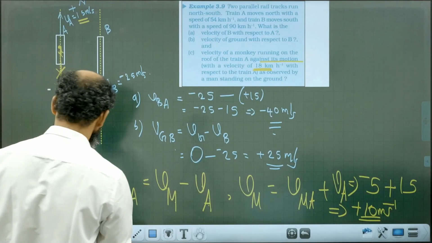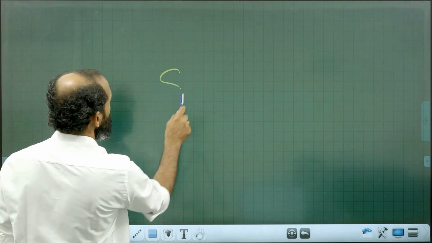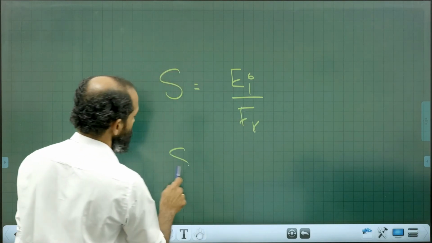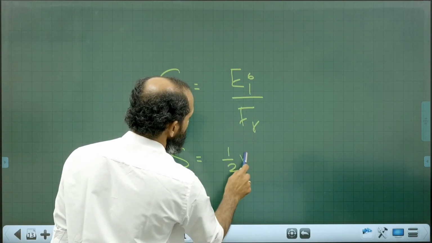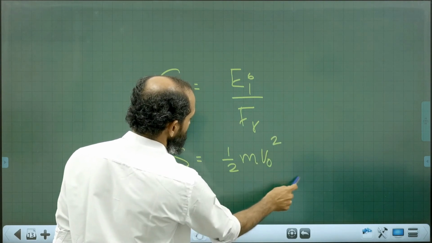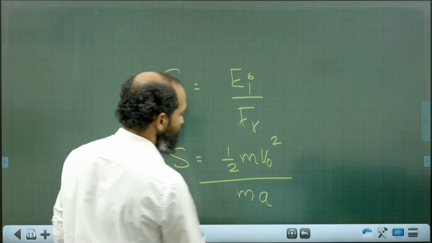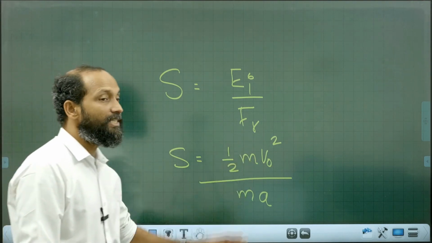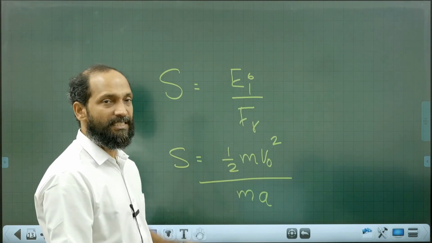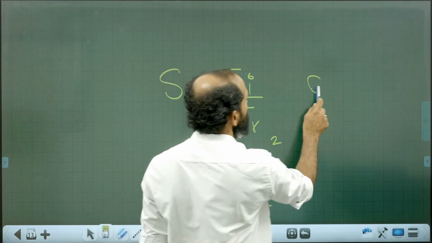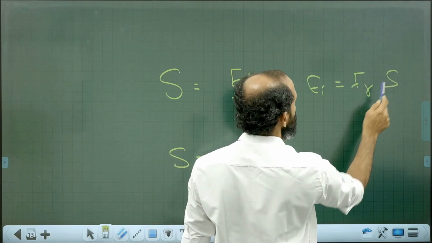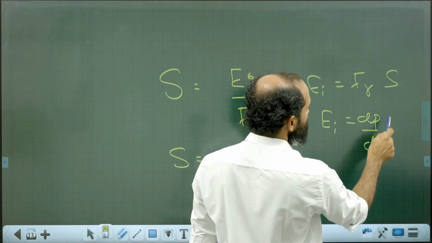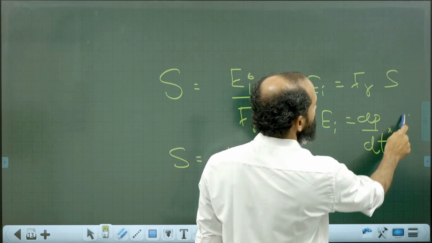Stopping distance is equal to initial kinetic energy divided by retarding force, where ma is the retarding force, a is the retardation, v0 is the initial speed, and Ei is the initial kinetic energy. So initial kinetic energy equals retarding force times stopping distance. Initial kinetic energy is equal to the rate of change of momentum times displacement.